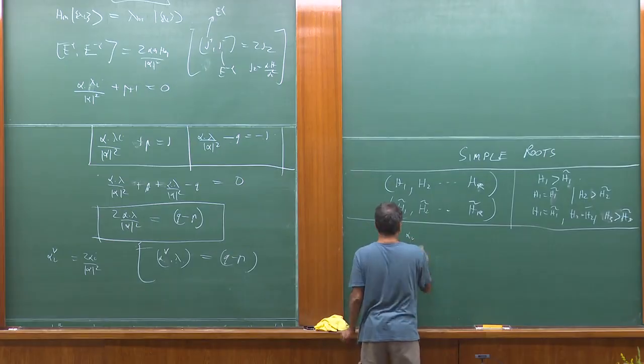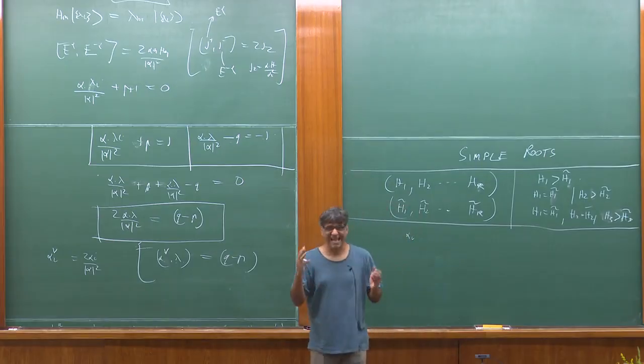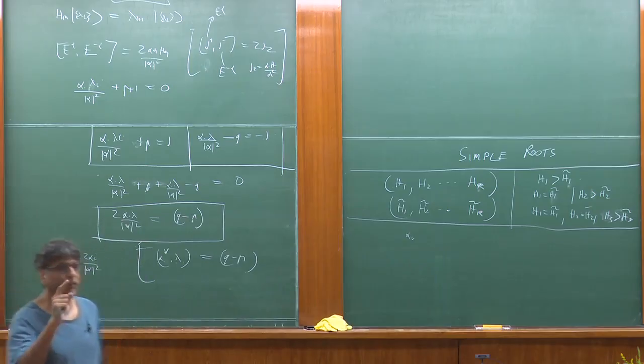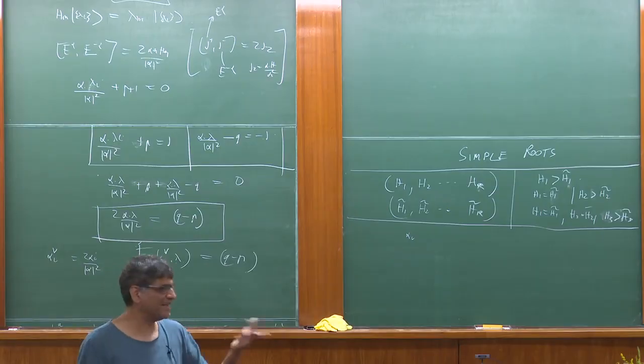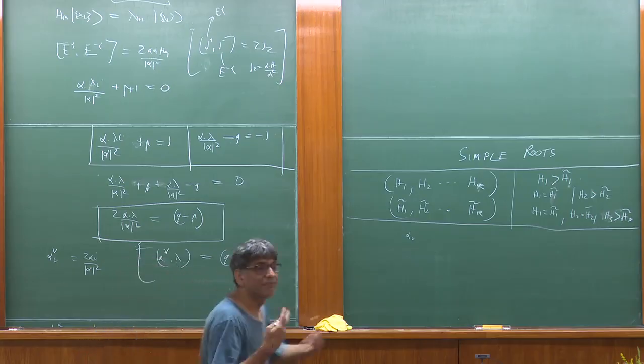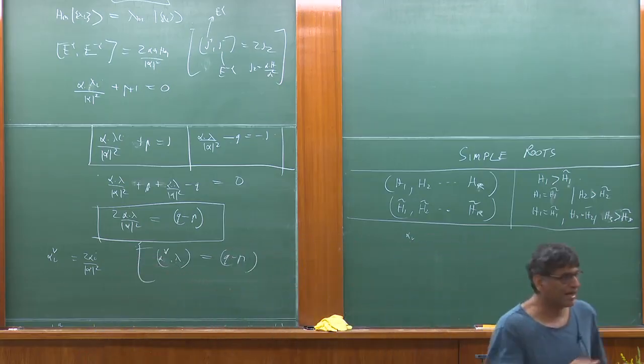The set of r smallest positive roots, by smallest I mean least with this ordering, is called simple roots. Okay, r is the rank.